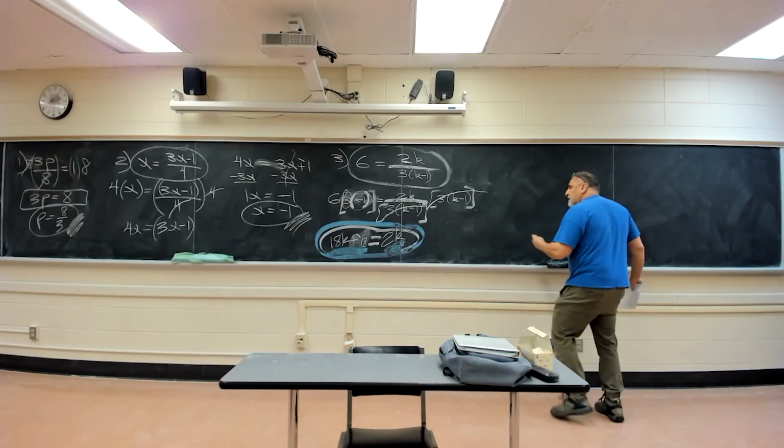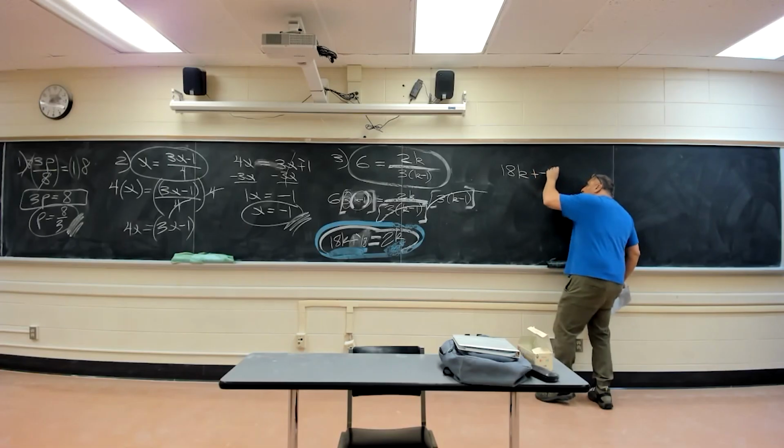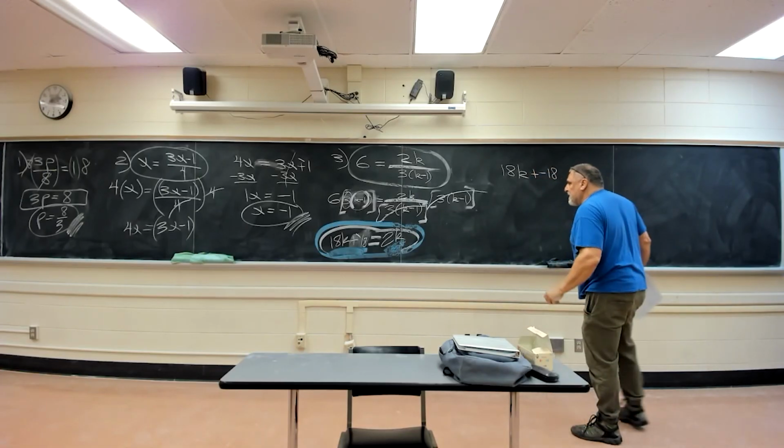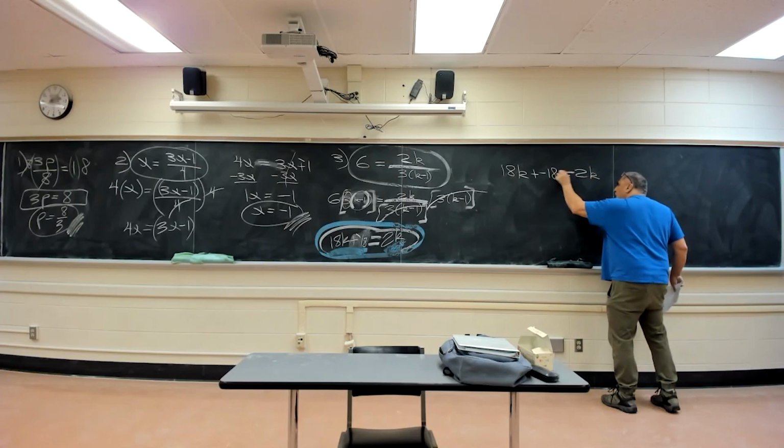So we're looking at it. I mean, 18k plus negative 18 equals 2k.